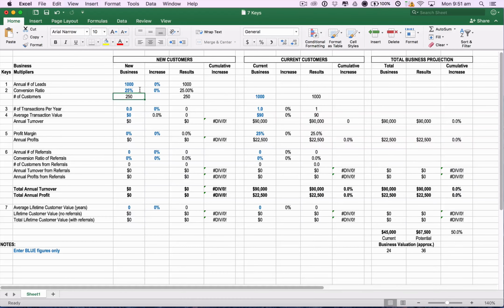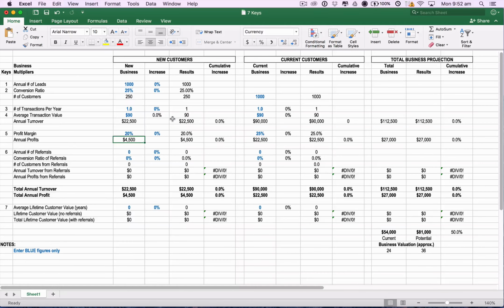So that's going to add 250 customers, and they're going to buy once at an average transaction of 90, because that's what you've been doing, and your profit margin of 25. In fact, let's just say it's 20, because you've spent a little bit on marketing. Now, watch what's happened over here. So you've added 22,500, so you're up to 12,500. Your profit's increased, and you've brought the valuation up to 54,000.